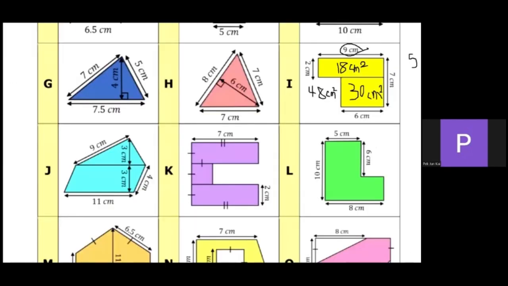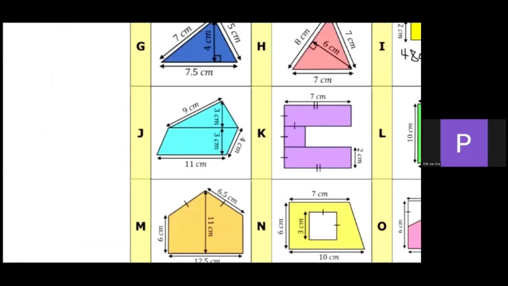Okay, now J. We calculate the triangle first. 9 times 3 divided by 2, we would get 16.5. This would be the area of the triangle.